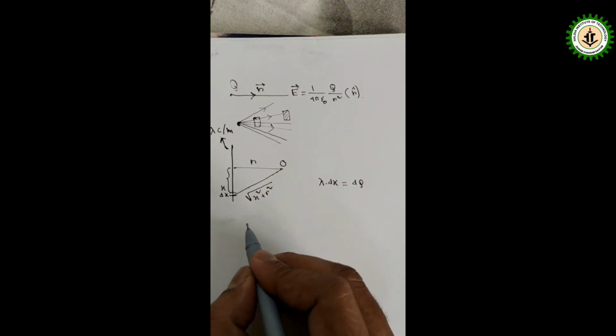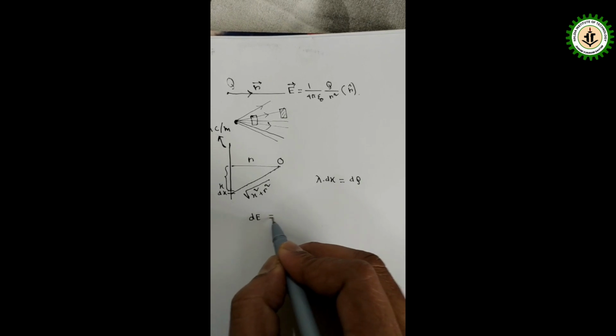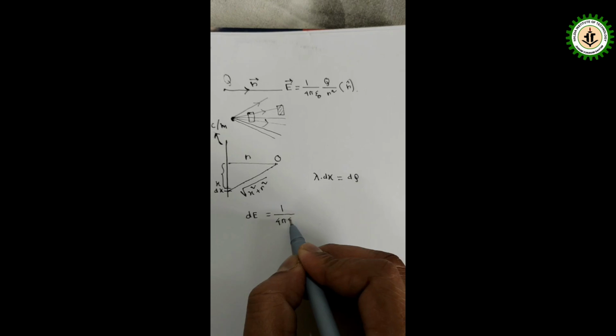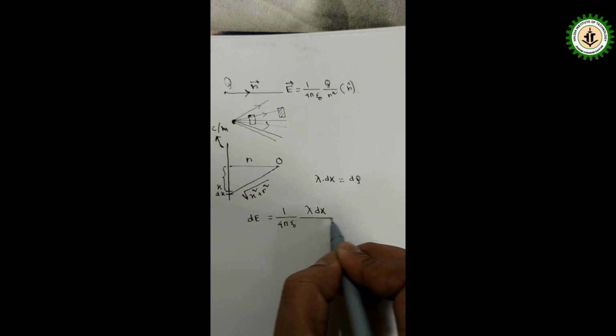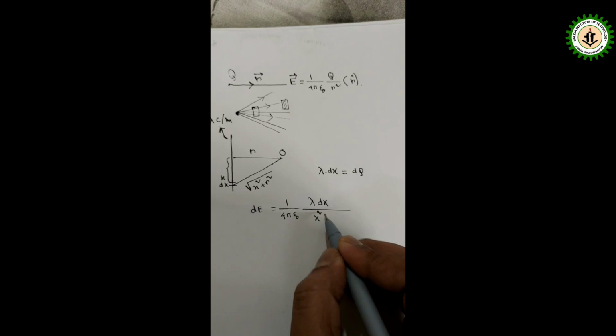Now at that point O, the electric field due to the small elementary part, dE, equals 1 by 4 pi epsilon naught, lambda into dx, basically the charge dq, by distance square, and distance square is x square plus r square.